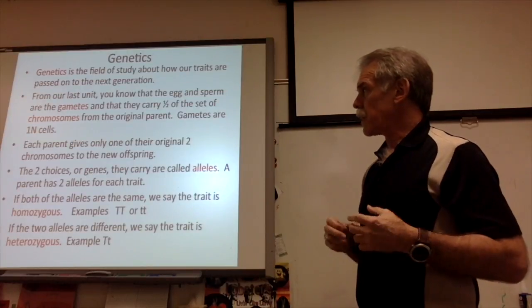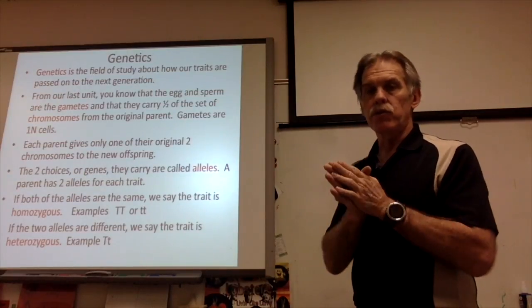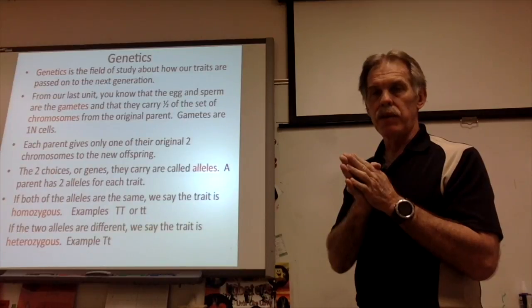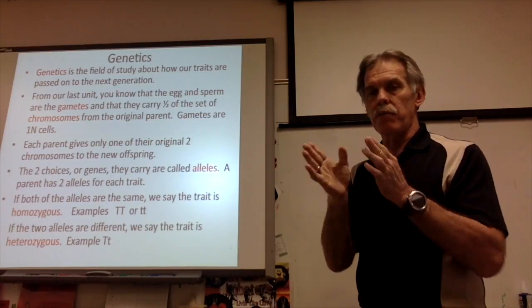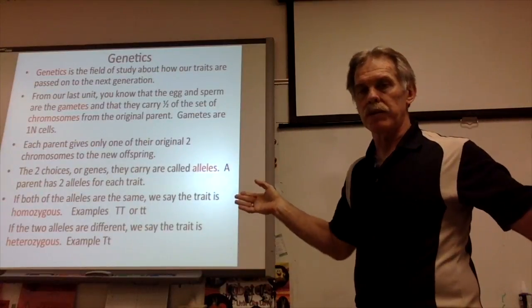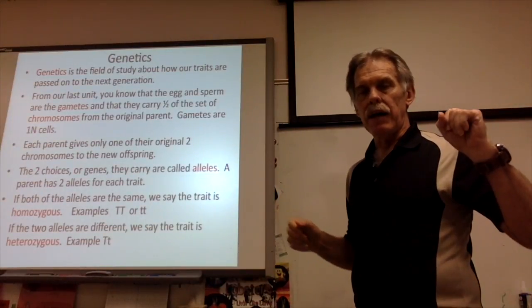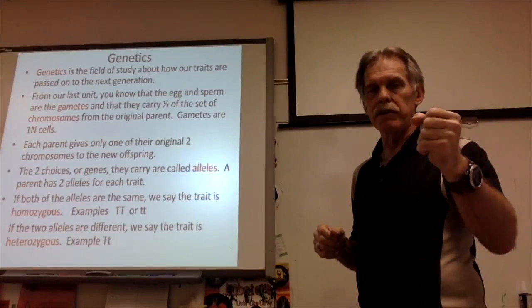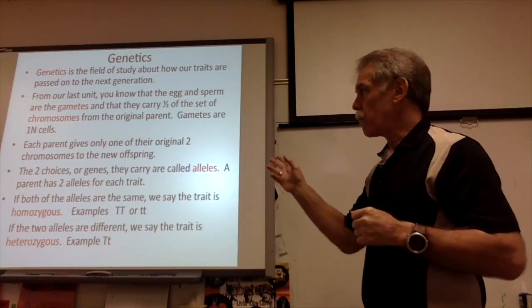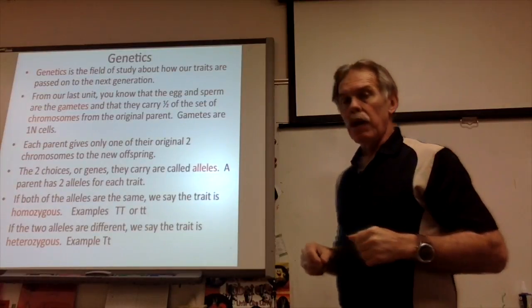But each parent has two choices for a trait, and they can only pass on one, because remember, after meiosis we split those two choices up so that in an egg or a sperm there's only one choice for each trait. So we call those alleles.